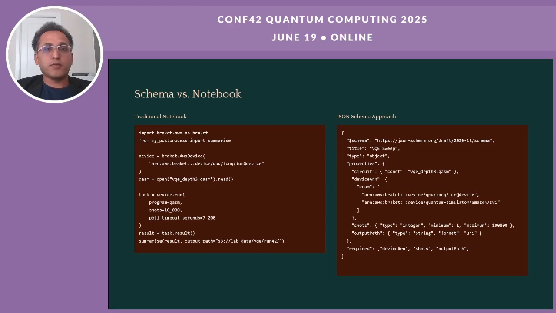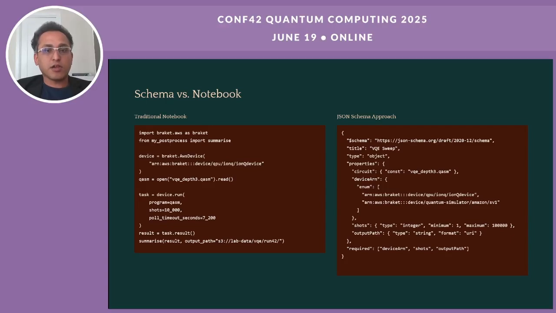Let's compare traditional workflows with our schema-driven approach. On the left is a notebook model. Everything is hand-coded: the device, the circuit shards, and the output path. It works, but it's fragile and error-prone. Also, every time a parameter has to be changed, the notebook has to be updated.